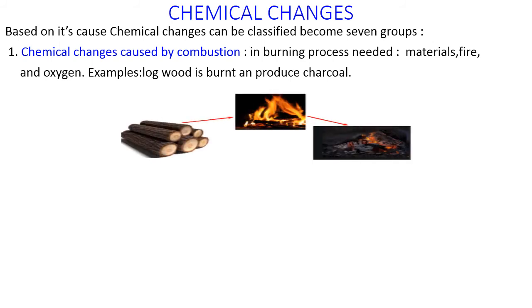As you can see from the figure, the material is logwood. And logwood is burned in fire with the help of oxygen. And after the burning process finish, the charcoal is formed. That the charcoal is different with the logwood.